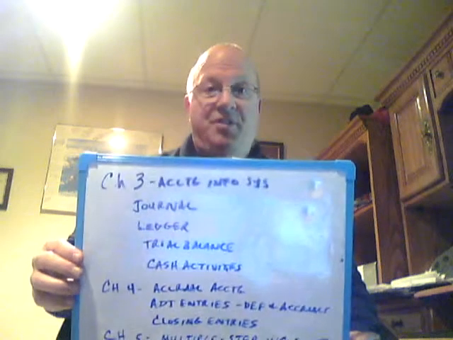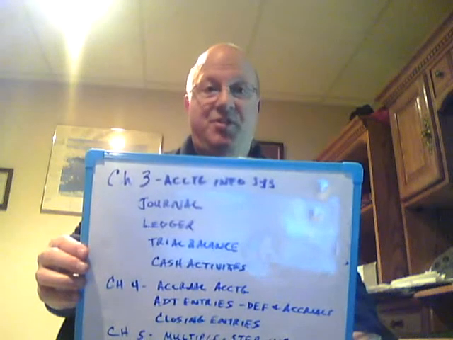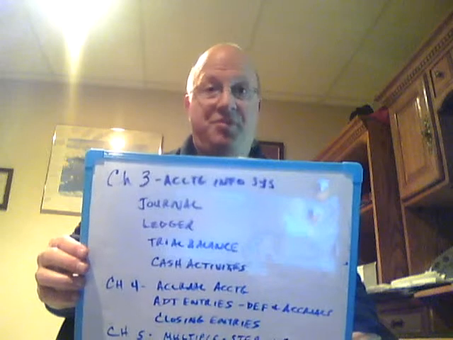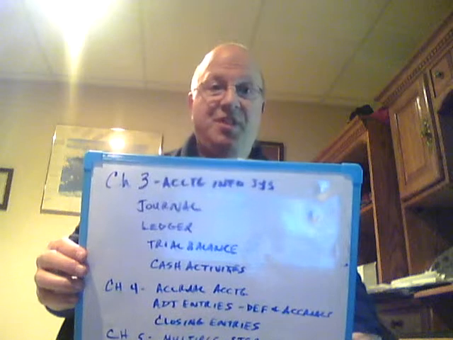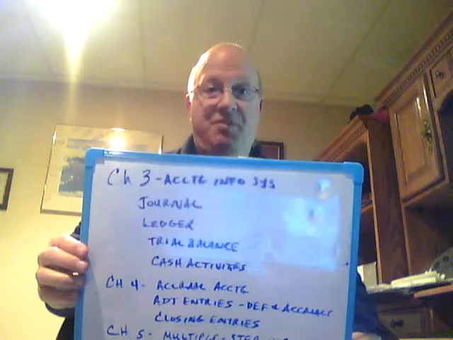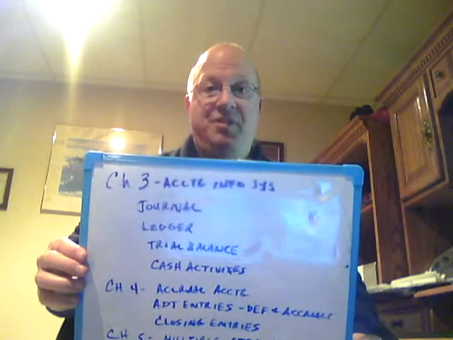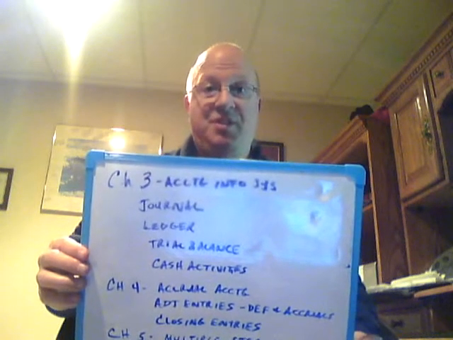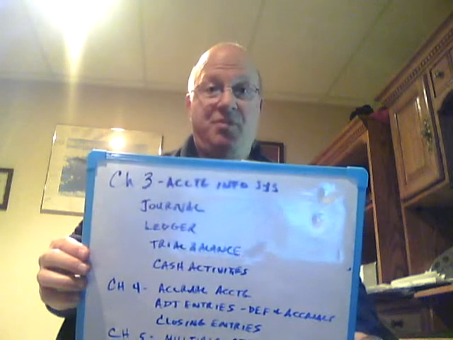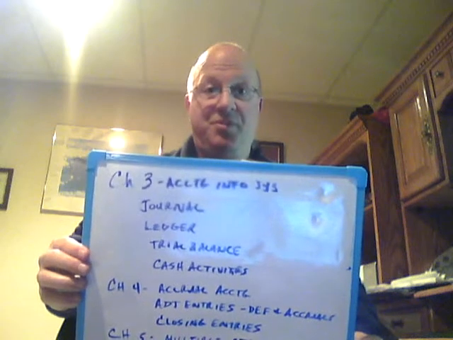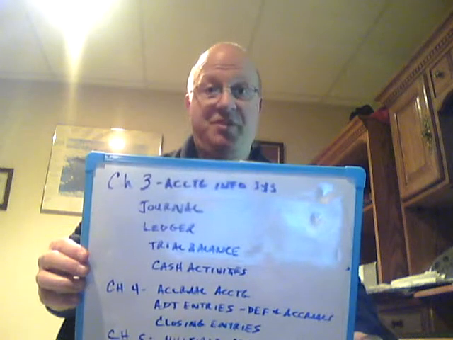Then moving to chapter 4, and we've already talked about some of this stuff, accrual accounting in terms of the deferrals and accruals. I just went over that in the previous edition of this. But we didn't really talk much about adjusting entries, and that really, again, is something that happens as we close up the accounting period. That's where we're recording those deferrals and accruals by making the adjusting entries at the end of the period.